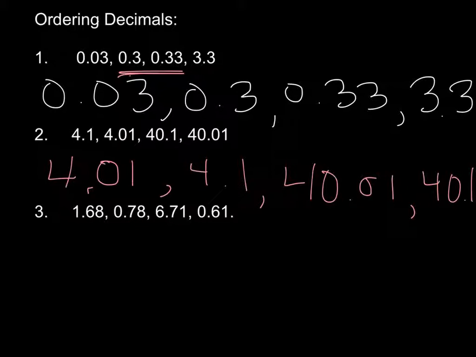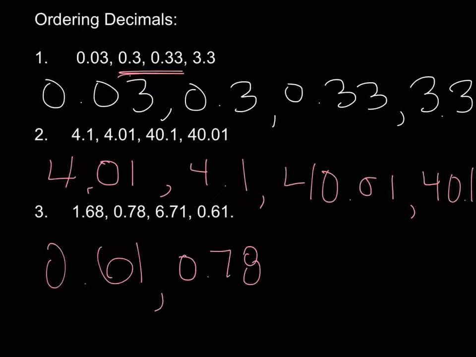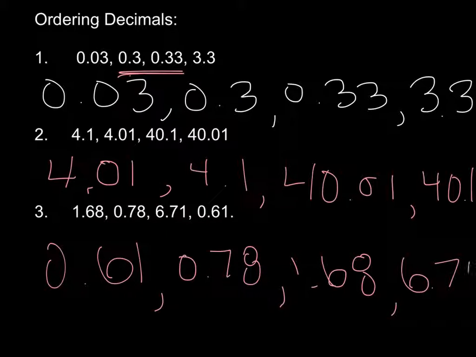So 0.61 is my smallest decimal, followed by 0.78, followed by 1 and 68 hundredths, followed by 6 and 71 hundredths.